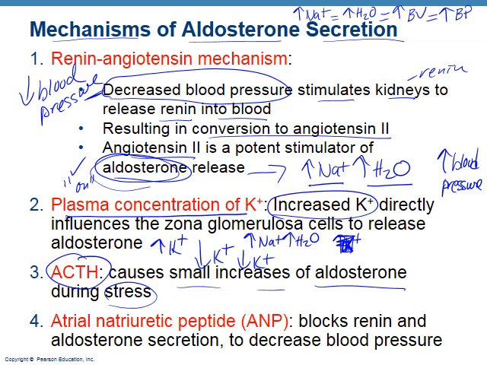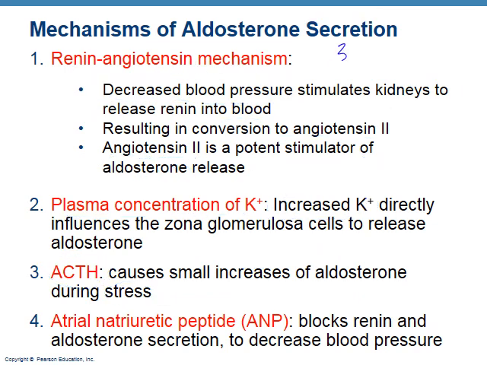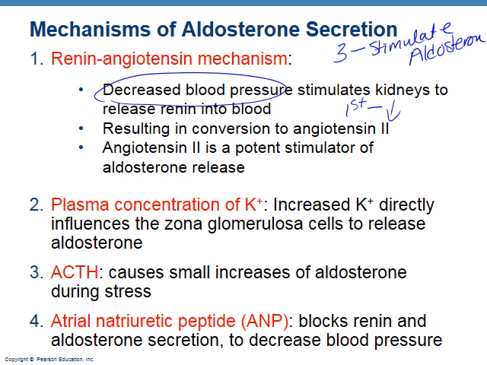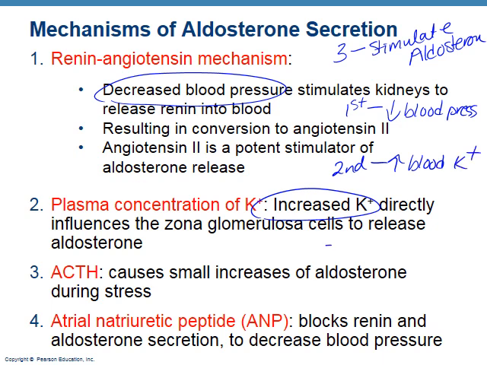So this is kind of hard to see, but there are 3 ways that you can stimulate aldosterone. So first, decreased blood pressure. Second, increased blood potassium.